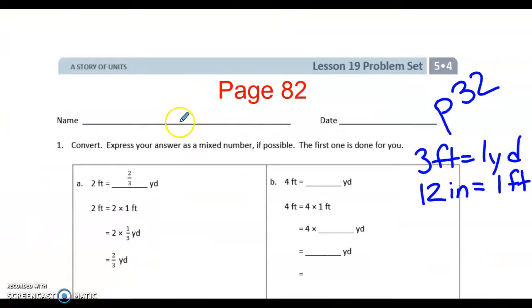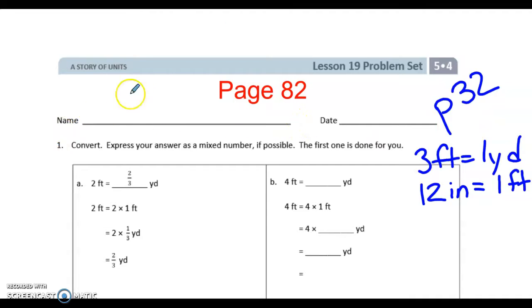All right. Your problem set is page 82, or at least for most of us on our workbooks. Make sure you refer to 32 in your workbook. I mean, I think most of us have a little sticky note, or at least we did at one point have that. So flip to that page or just rewind the video and pause it for a moment and look at that reference page. Okay.